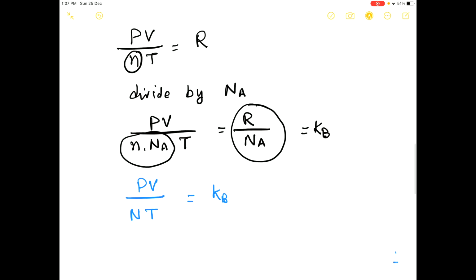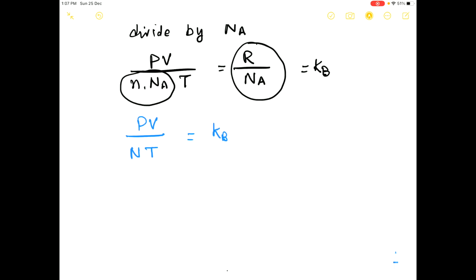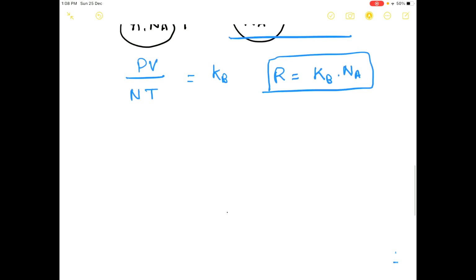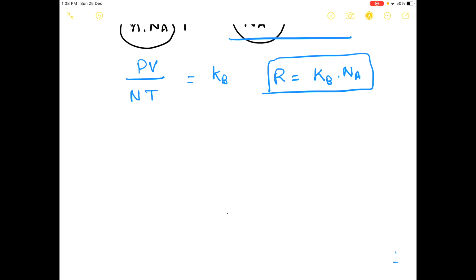And what is the relation between Boltzmann constant and gas constant? Here we get that R is equal to Kb, Boltzmann constant, into Avogadro number. Numerically, the value of Boltzmann constant is 1.38 into 10 raised to the power minus 23 joules per Kelvin.